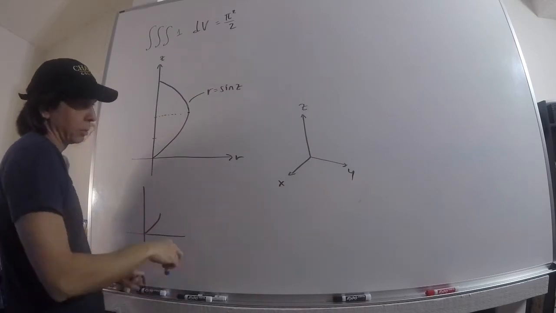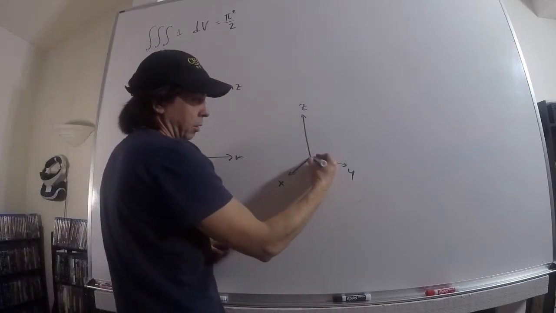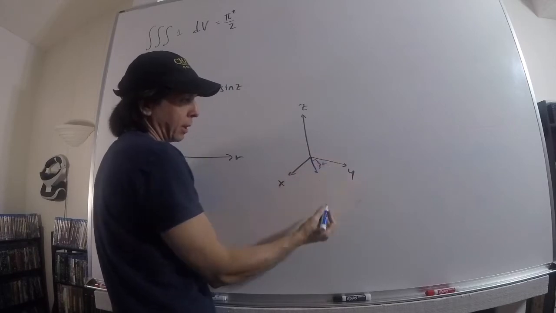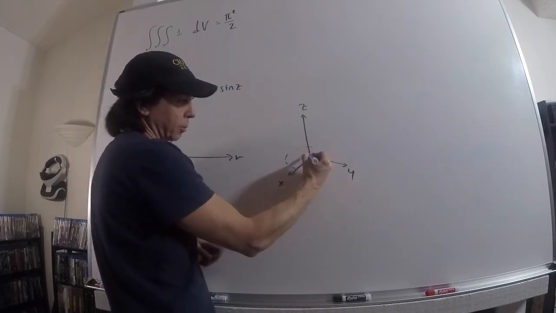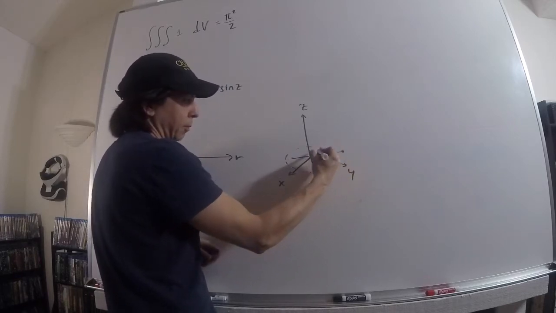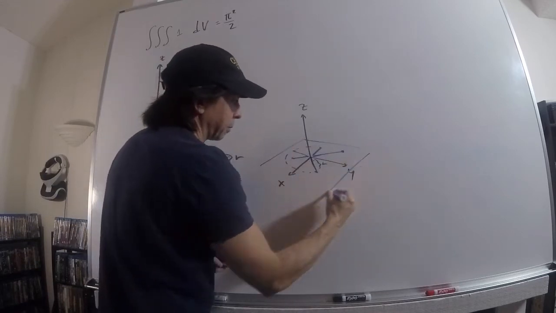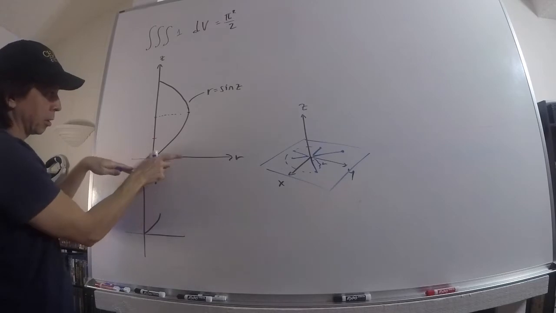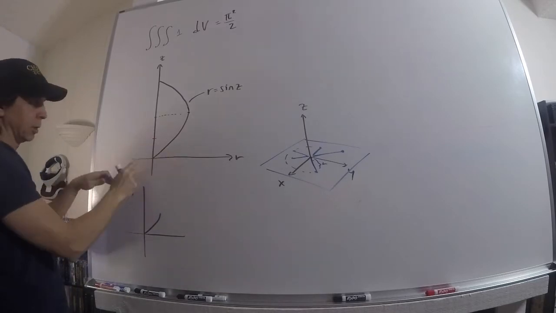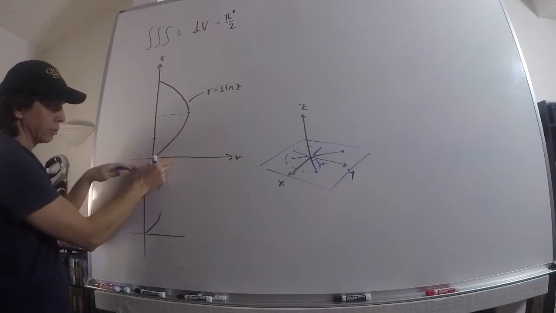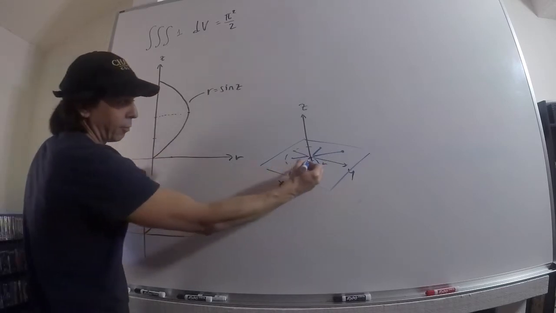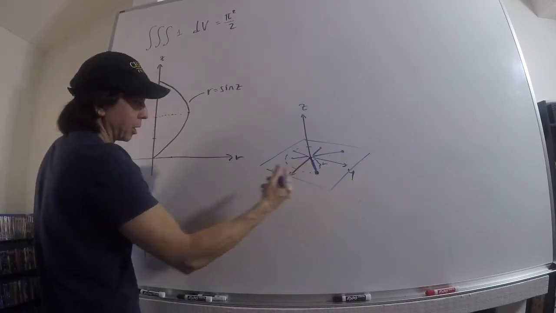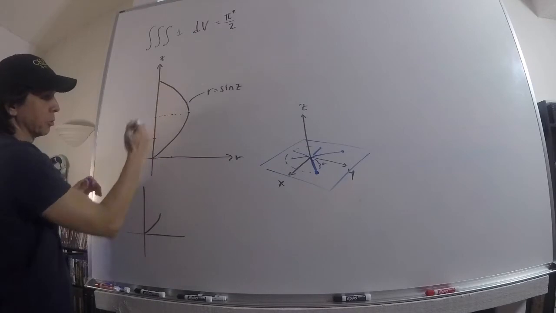But now, when you do an r, it is any value there that can go around, so it can be an r that way, or r that way, or an r that way, or an r that way. So that xy plane, when you look at the side view like we are here, is like the r plane. r can be extending that way. It will rotate around, but that's our r axis. That distance right there will be how far it is from the origin, so that'll be r right there. And then we'll go straight up to z.